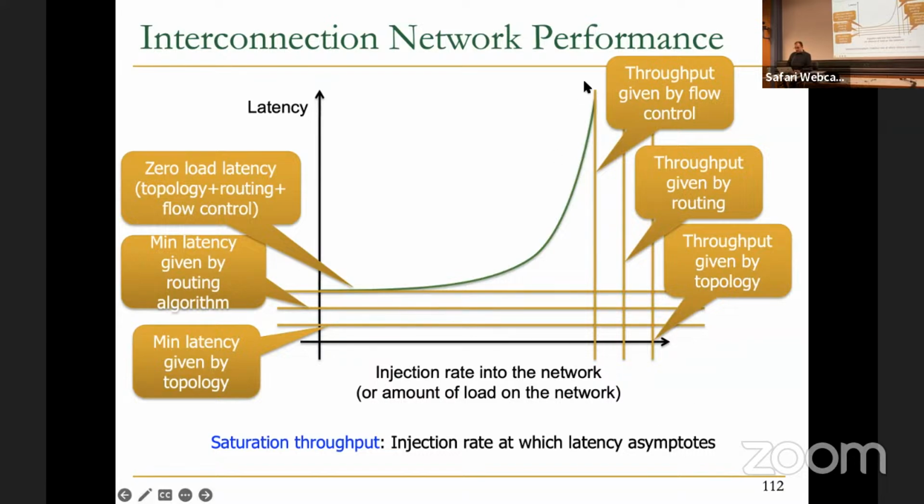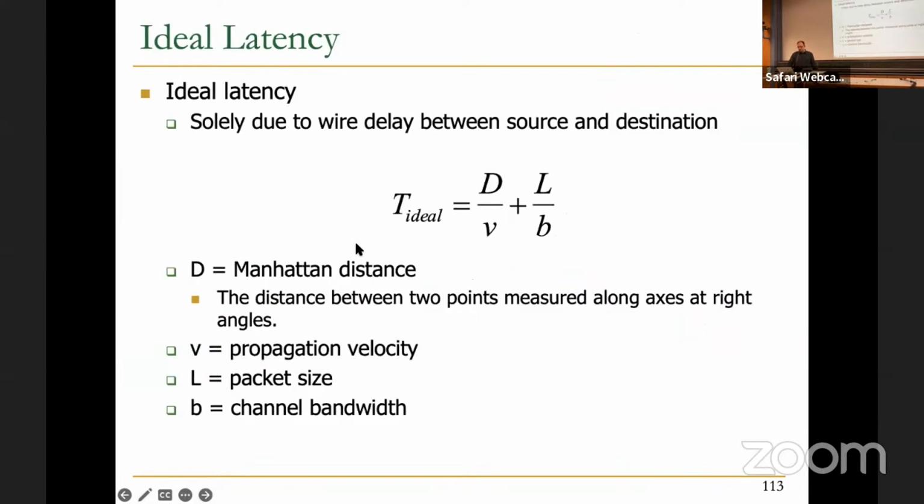This curve is quite exciting, and we always see it when we want to analyze the performance of a network on chip or interconnection network. For the ideal latency, you can check this formula, and it makes sense. It is solely due to the wire delay between source and destination.